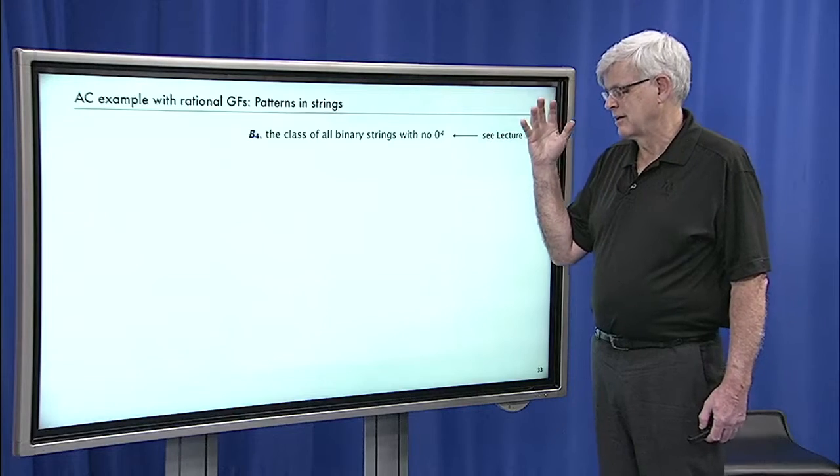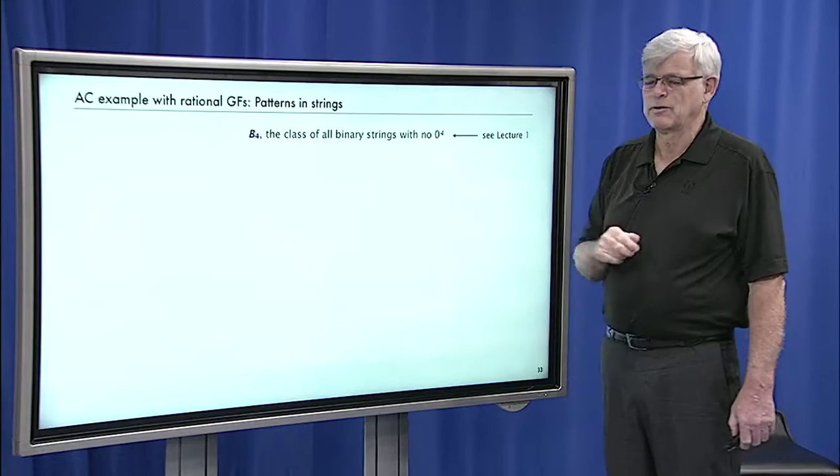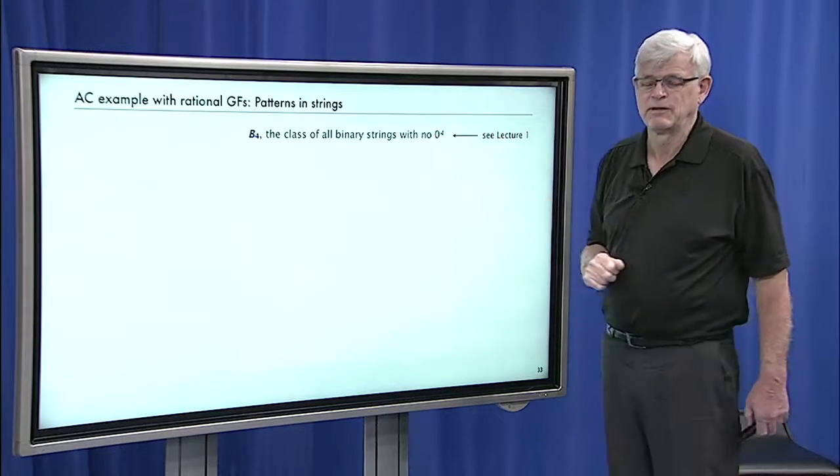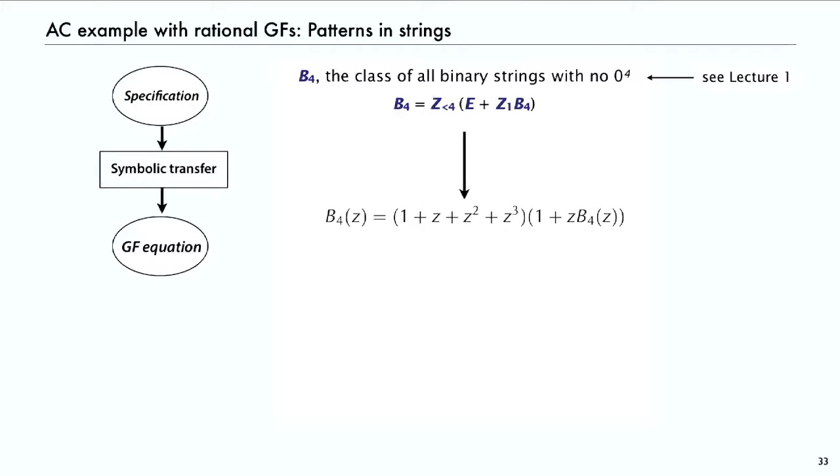So if we have the combinatorial class, which is all binary strings with no occurrences of 4 zeros in a row, which we talked about in the first lecture, then we have a specification using the combinatorial constructions where it's a binary string of less than 4 zeros, empty or with a 1 and then another string of that type. That defines the class of all such binary strings. And then the symbolic transfer immediately takes that specification to this generating function equation.